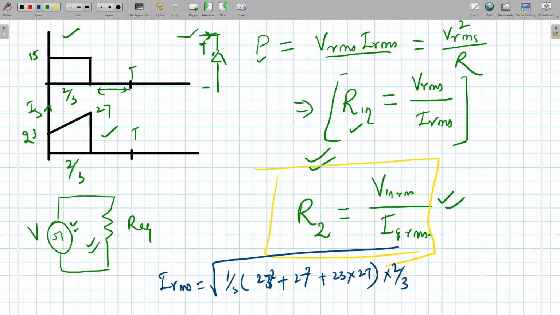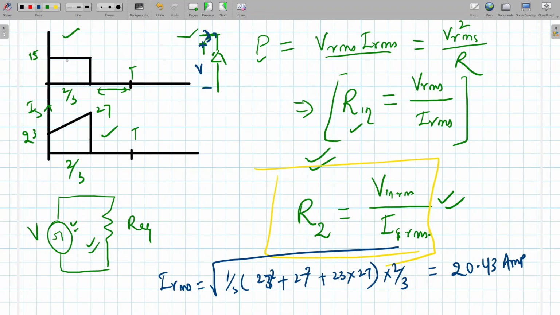I think we already have this value for the same signal. It will be 20.43 ampere, this RMS value.